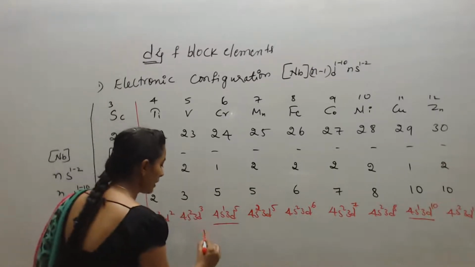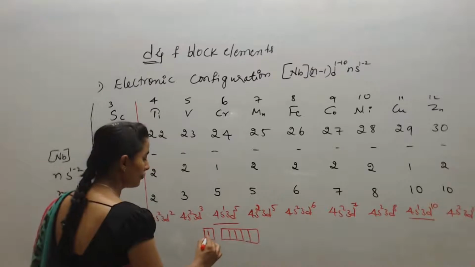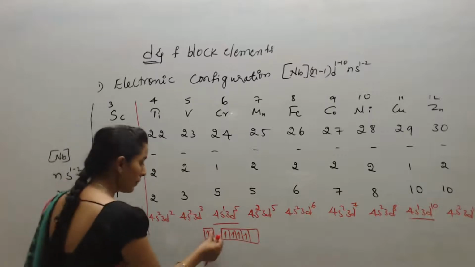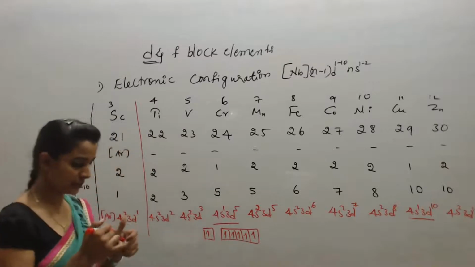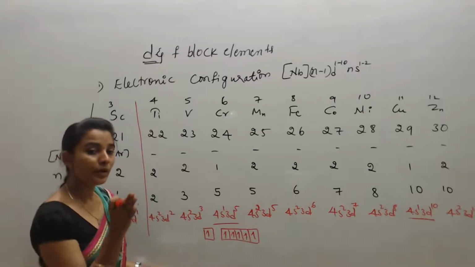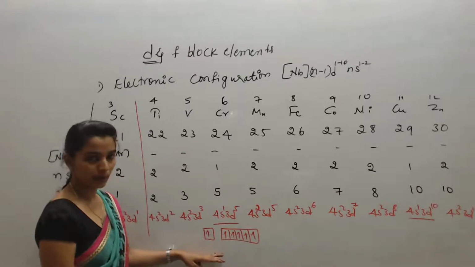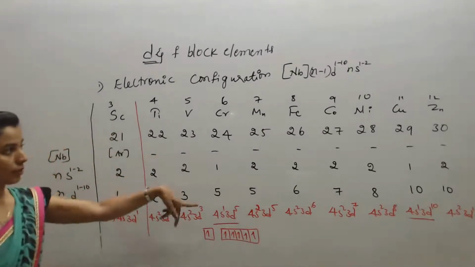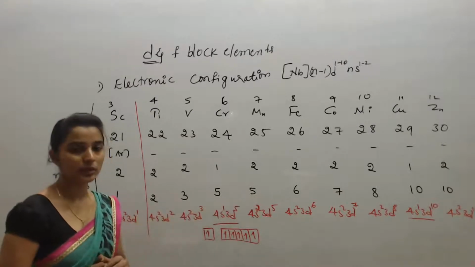Because 4s2 3d4 is unstable. By removing one electron from s and placing it in d, rearrangement takes place. Then both become half-filled or completely filled, and these configurations are very stable. So chromium and copper show 4s1 3d5 and 4s1 3d10.